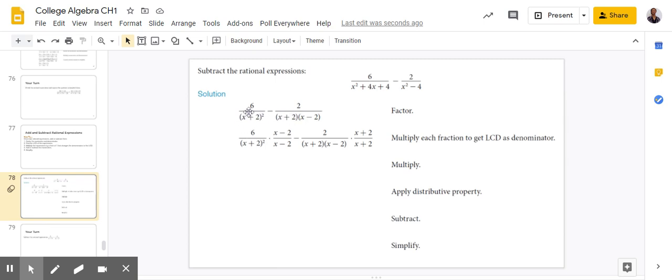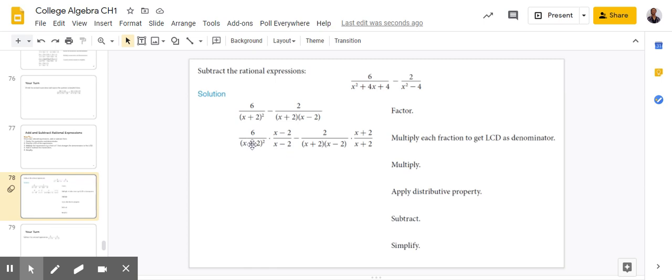And this term is missing an x minus 2. So what we tried to do is combine the two. We wanted to make sure both of them had all features, so both had an x plus 2 squared and both had that x minus 2 term.